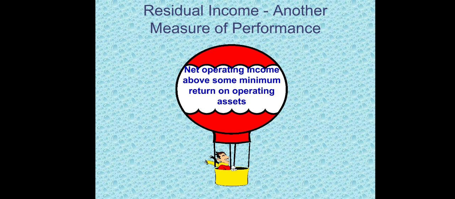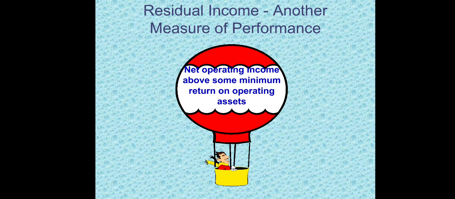This is the second method that can be used to evaluate the performance of a business segment and also the business segment's manager. The name of this method is called residual income.